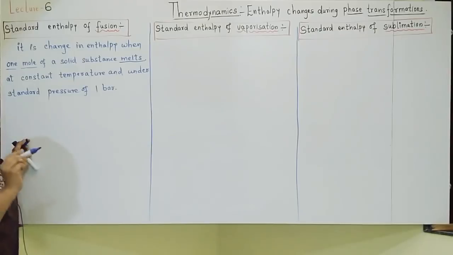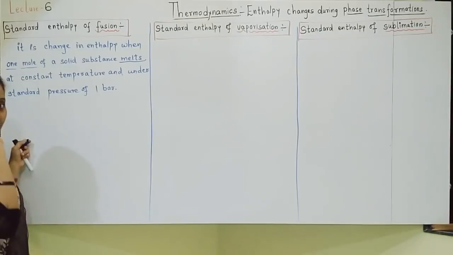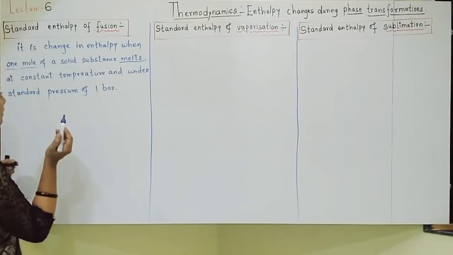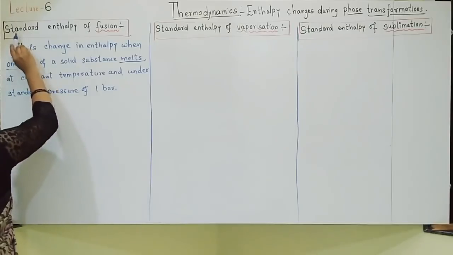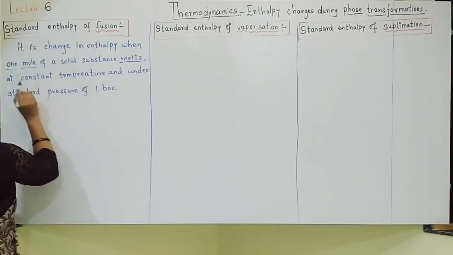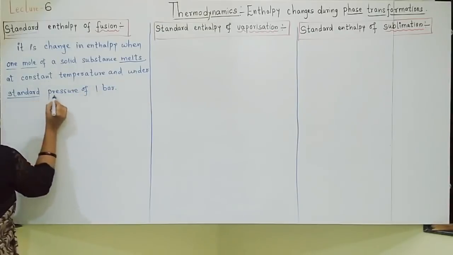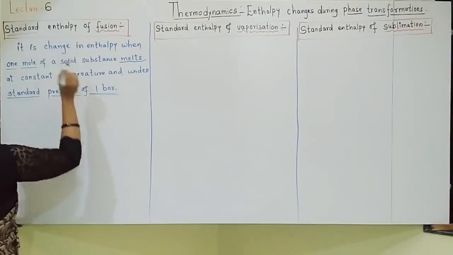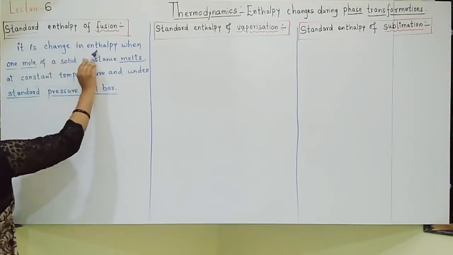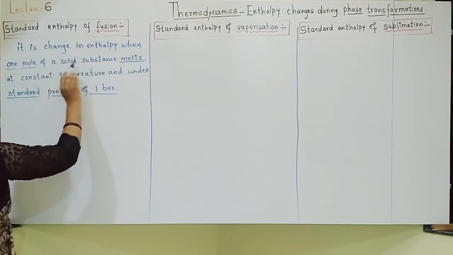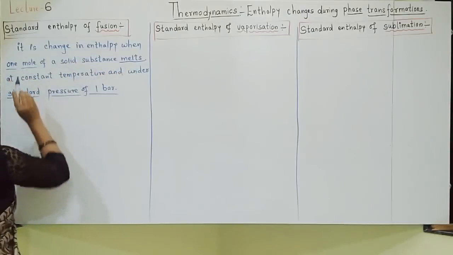I hope you understood the definition, and you should not miss anything, because I have told you the meaning of every word here. Since standard is written, you must add at constant temperature and under standard pressure of 1 bar. Enthalpy, so it is change in enthalpy. Fusion, so a solid substance melts. How much? You should take 1 mole.